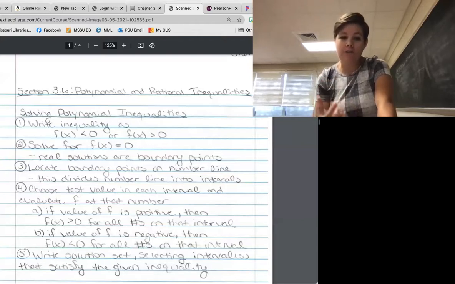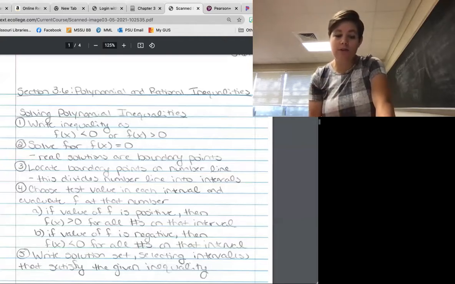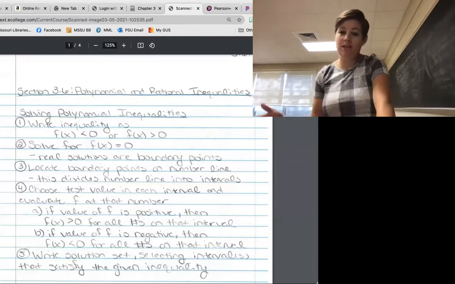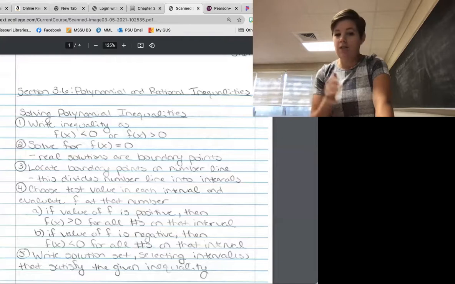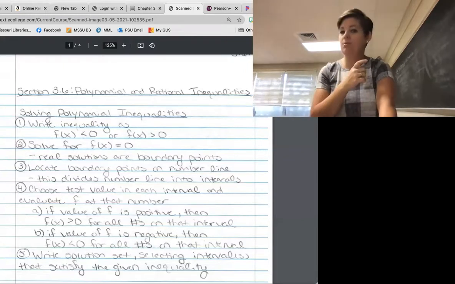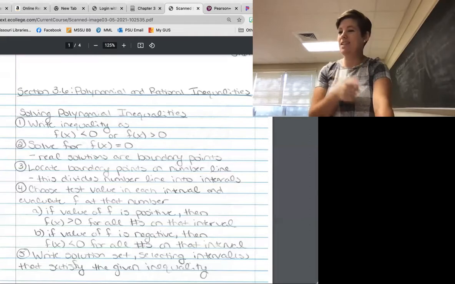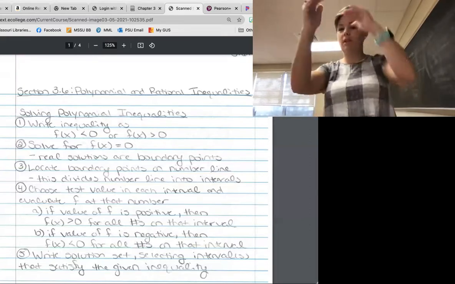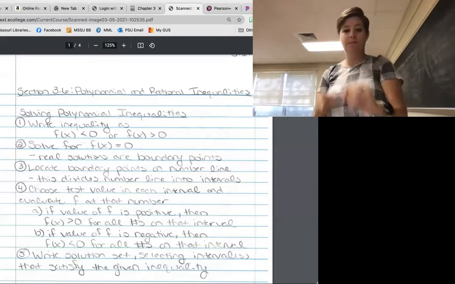If the value is positive, then f of x is greater than 0 for every number in that interval. If the value of f is negative, then f of x is less than 0 for all the numbers in that interval. Again, this will make more sense when I start doing the examples, but it's nice for you to have all the steps so you can check them off as you go through the problem.